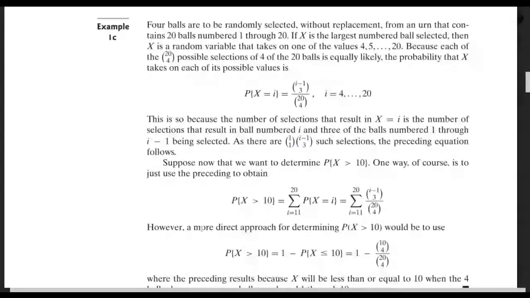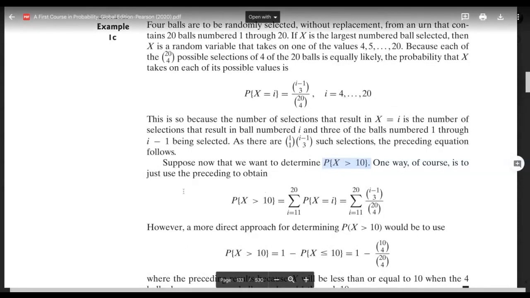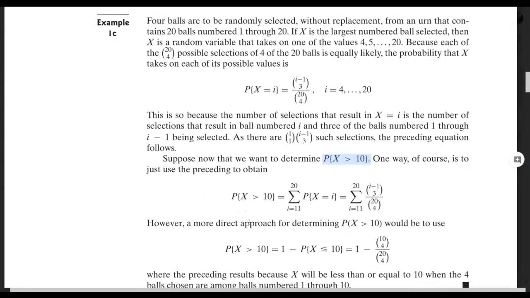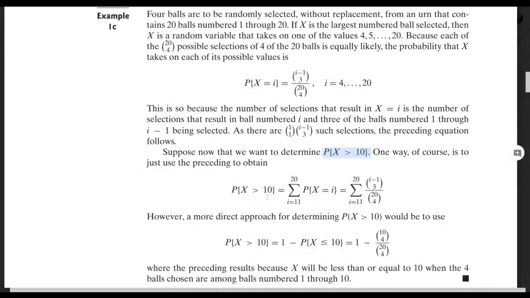Suppose now that we want to determine the probability of X greater than 10. That could be 11 up to 20. One way, of course, is to use the preceding to obtain the probability of X greater than 10 as the sum of all those i from 11 up to 20.